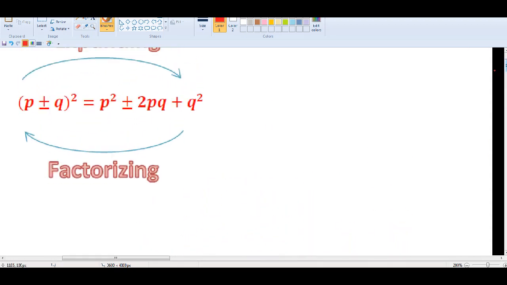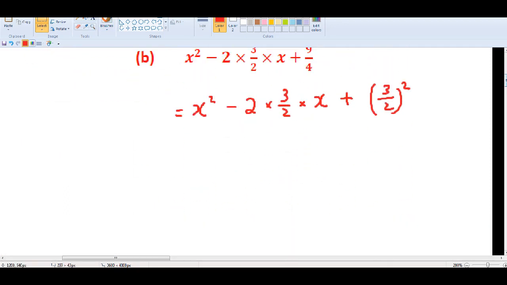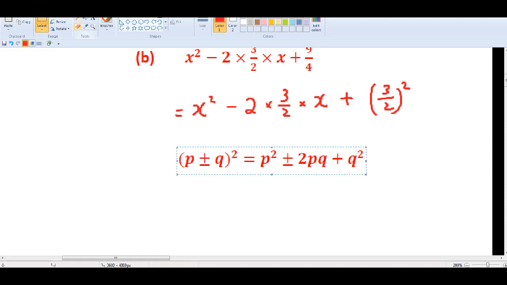When you compare with this one, this time it is minus, so I'm going to use this one: p squared minus 2pq plus q squared equals (p - q) squared.